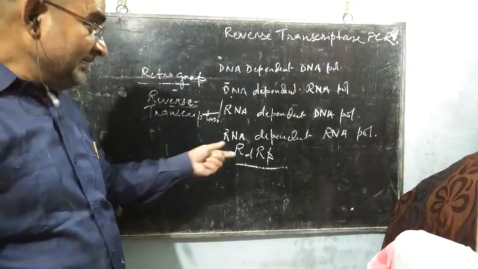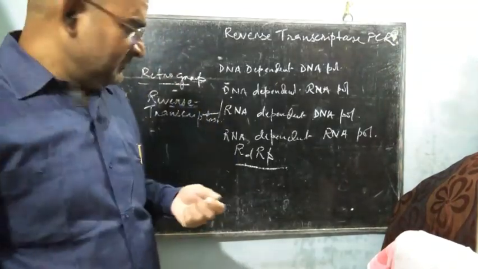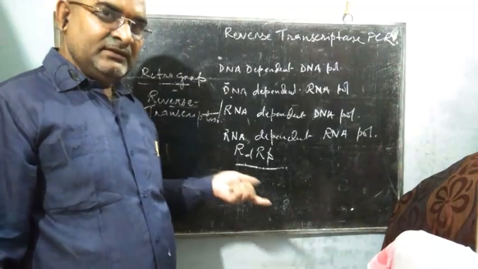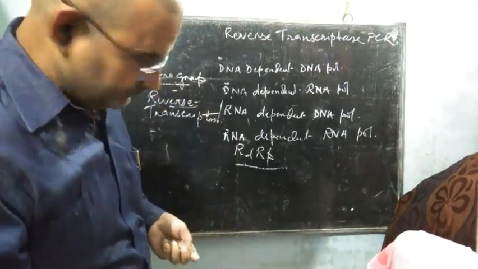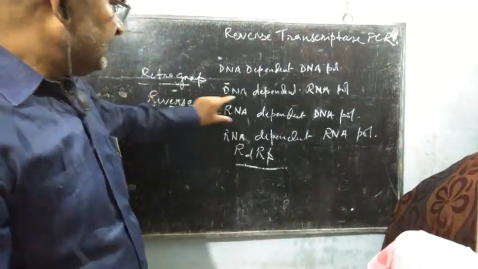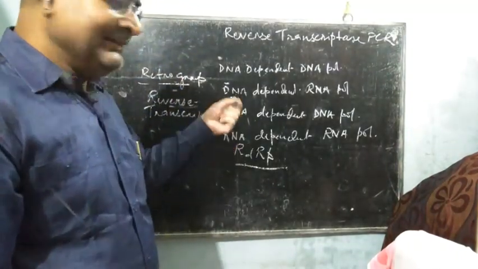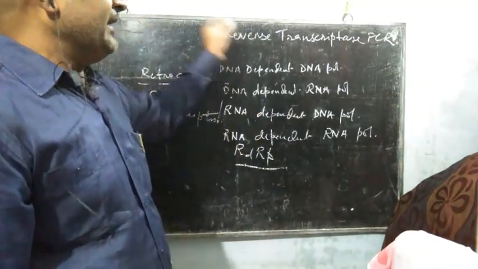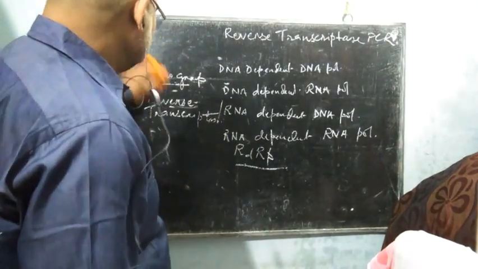RDRP is most recently observed in the coronaviruses, which is a burning topic nowadays. Here, by the use of the reverse transcription, we are able to synthesize a DNA template from the RNA. Now we move further to see.